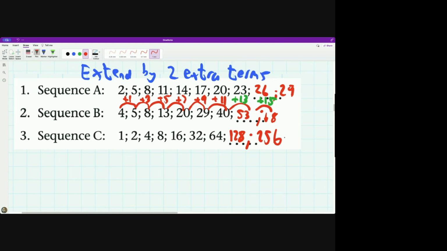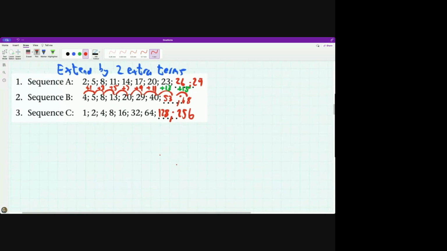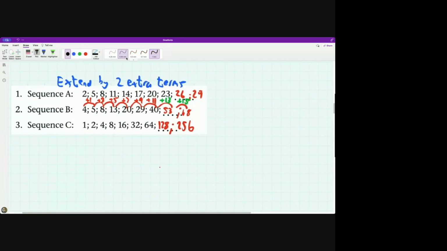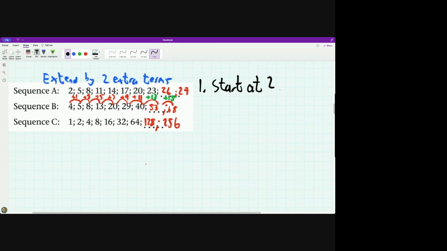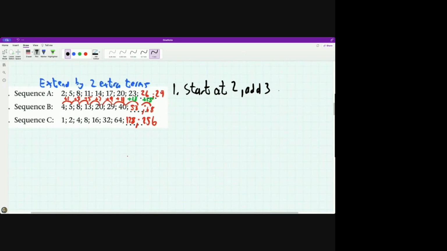And so each one of these number patterns or sequences feels a bit different, even though each of them has a rule. So let me try and use different ways of describing. Let me use my words first. If I was describing number 1, I would say start at 2 and then add 3 each time.